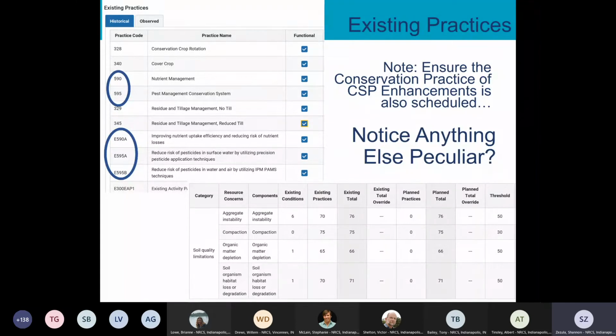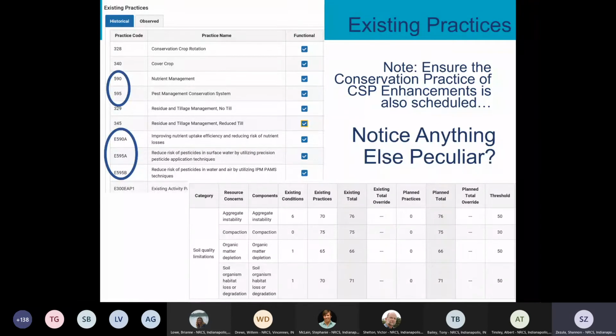But just a couple of key items that were the same last year and are still here this year, that we want to make sure you're aware of. You can see here there's an existing practices historical snapshot of a CSP application, where in the past they had applied E590A, E595A, and E595B. CART does not recognize these practices toward the existing practice score.